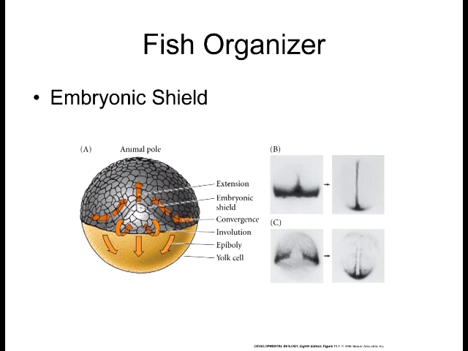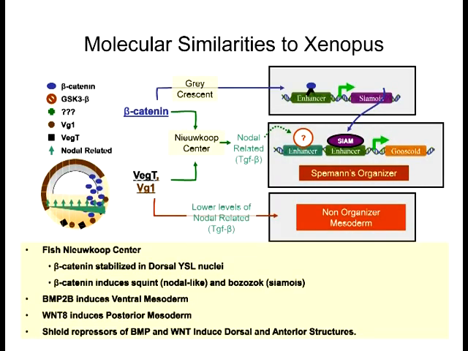We already went through the gastrulation movements here. So let's look at some of the other factors going on here. The same thing occurs. You get a combination of beta-catenin and nodal in this dorsal region, and that's going to also create the organizer in that region of the zebrafish. So the same proteins, beta-catenin and nodal, are similar to VegT and Vg1, essentially.